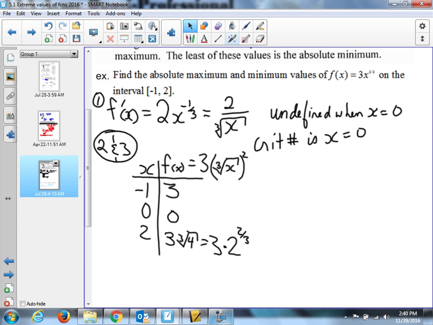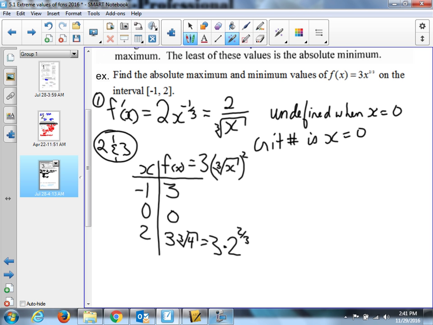But how do I know? Basically, I've got to know, is it greater or less than this? Because if it's the max, it's definitely not the minimum, right? It's not lower than 0. It's not negative. Two would be higher, because the cube root of 2 won't be less than 1, and then you square it. It'll be larger than 3, because you're multiplying.